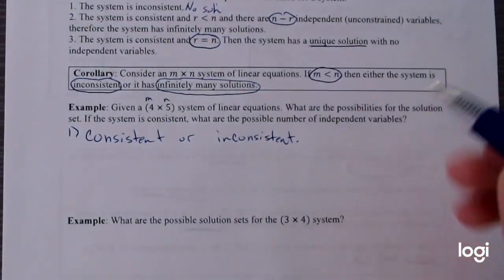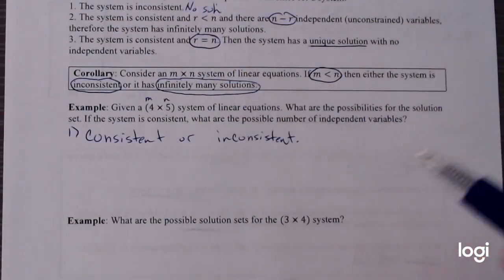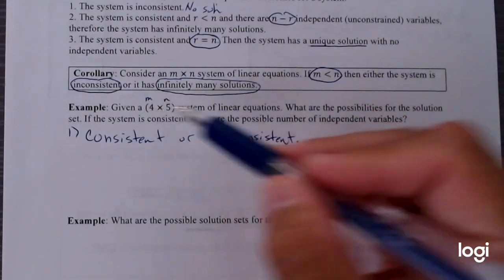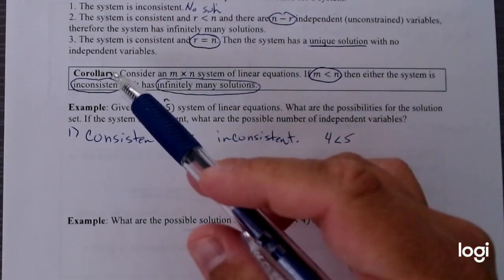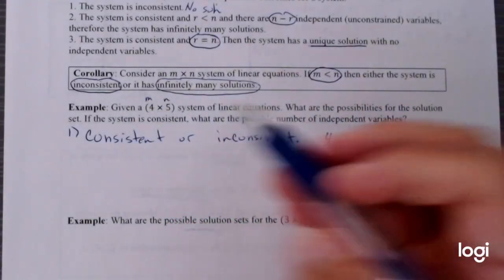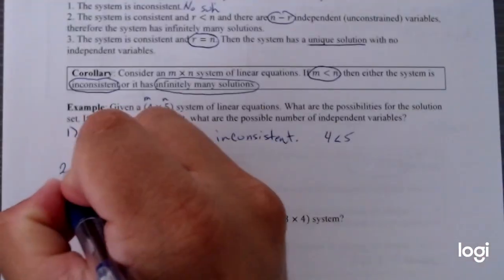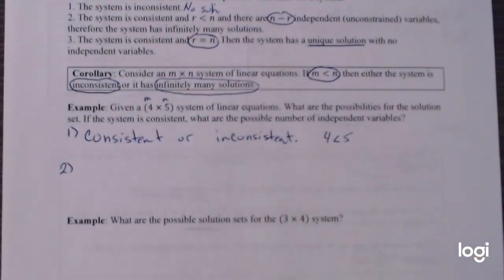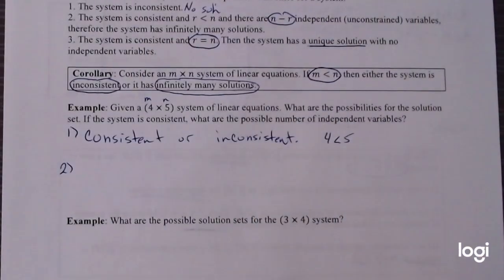Now, why is that? Why can't we have a unique one? Well, it follows this corollary, right? m is less than n, so 4 is less than 5. So based off this corollary, it's either going to be inconsistent or, in this case, infinitely many solutions. It's consistent, right? Okay. So now, if it's consistent, what are the possible number of independent variables?